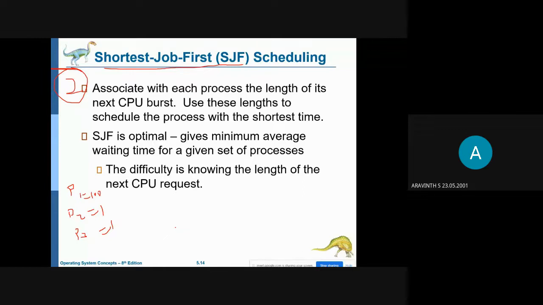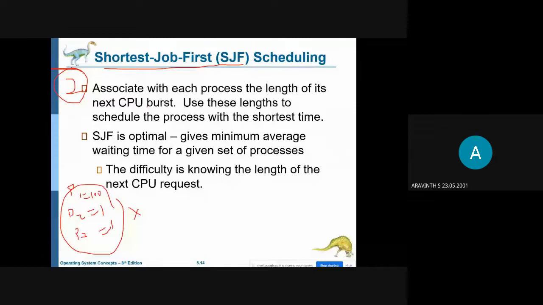Okay. So to overcome this problem, we are going to do shortest job first scheduling. Once the processes come into the ready queue, whichever is the shortest job will execute first, then the remaining processes.